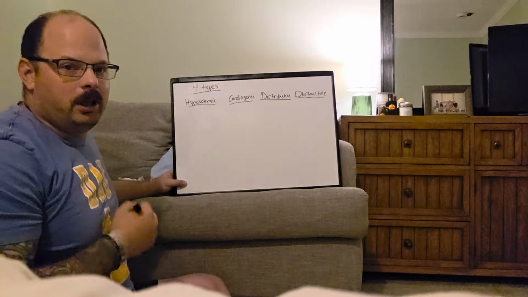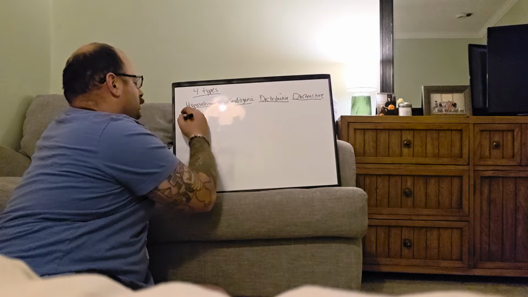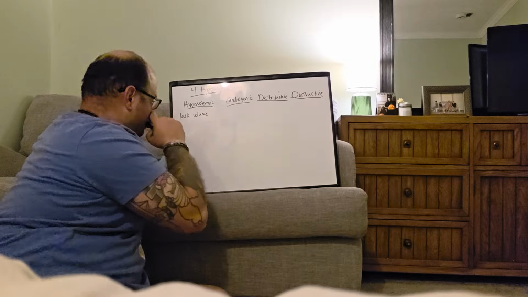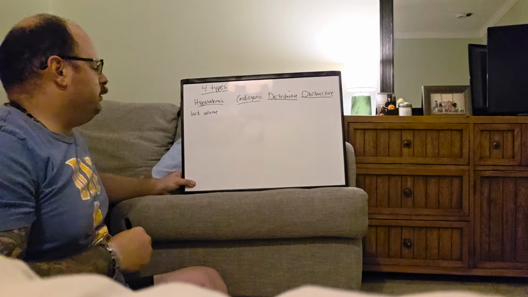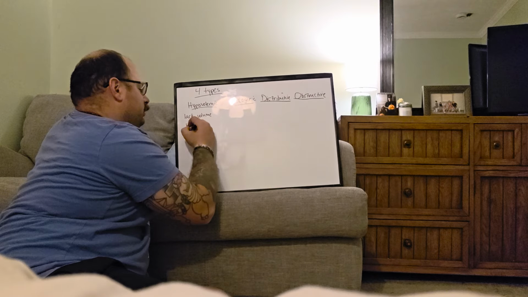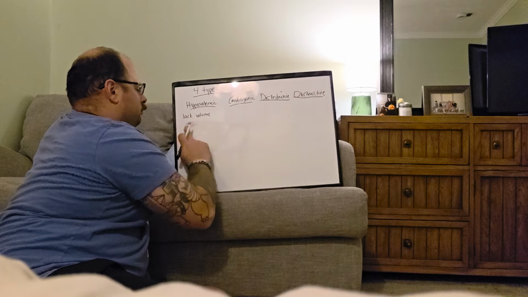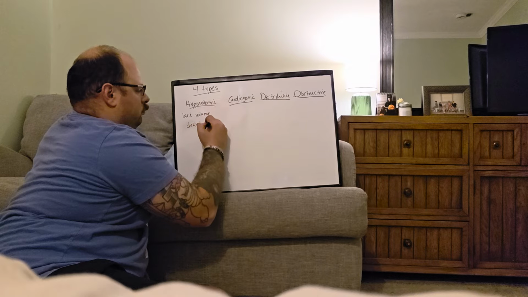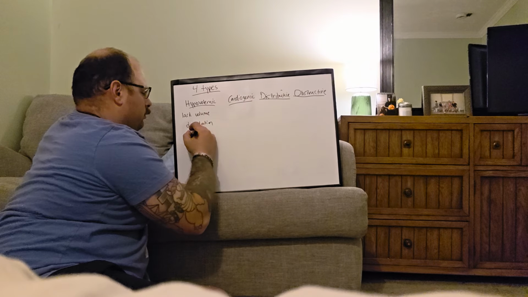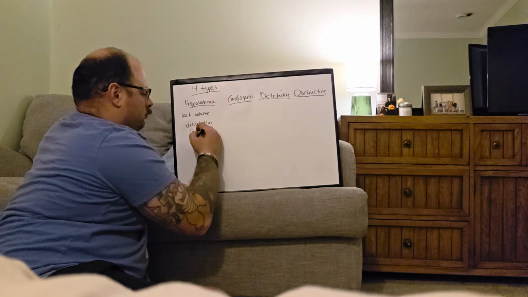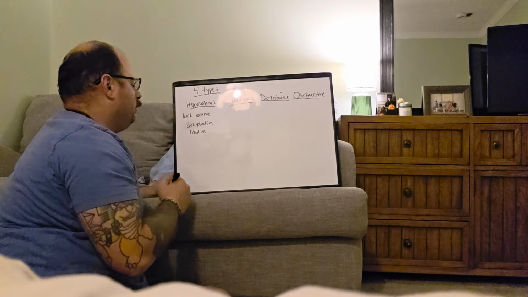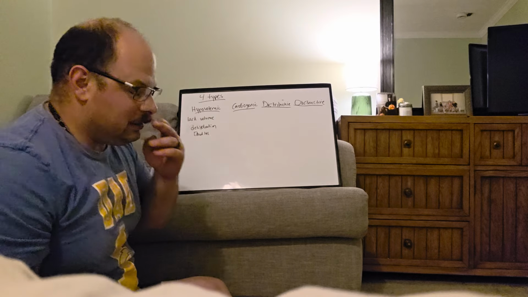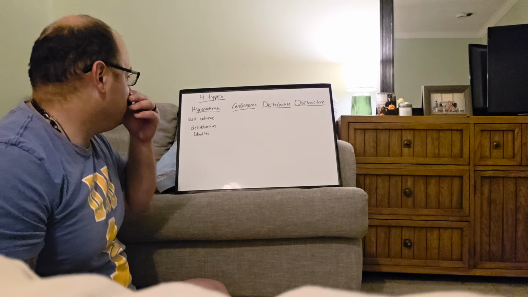All right, so hypovolemic, right? That's a lack of volume or lower than normal volume. We have different types like dehydration, okay, or blood loss. All right, and then different causes of that hypovolemic shock.